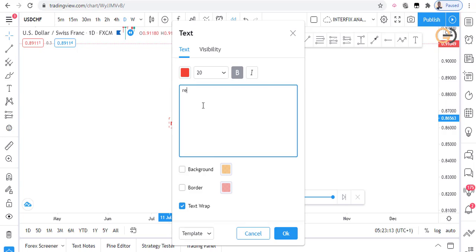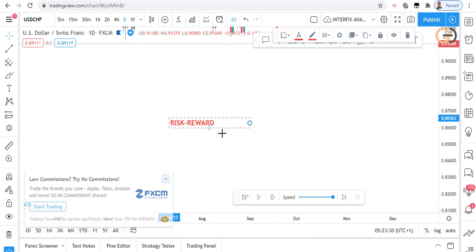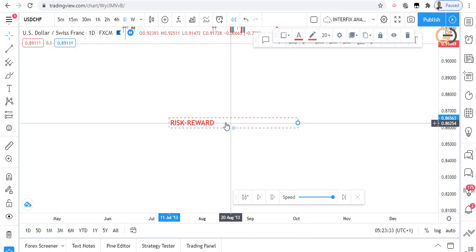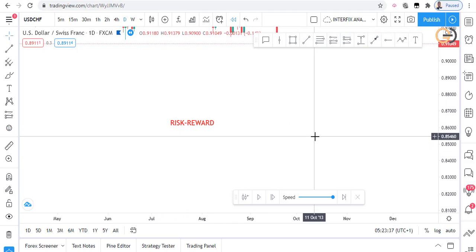So for example, before we enter a trade, we look at our risk, and then we look at our reward. Look at your risk, look at your reward.